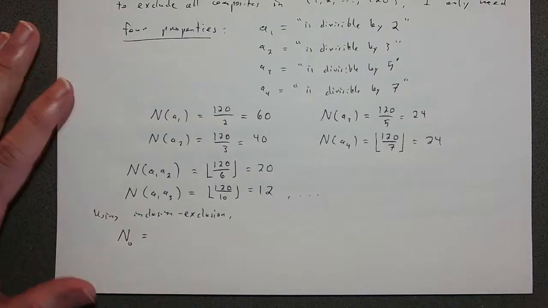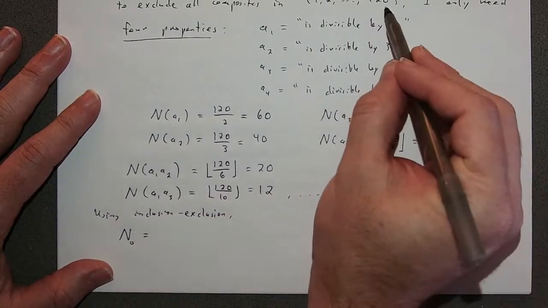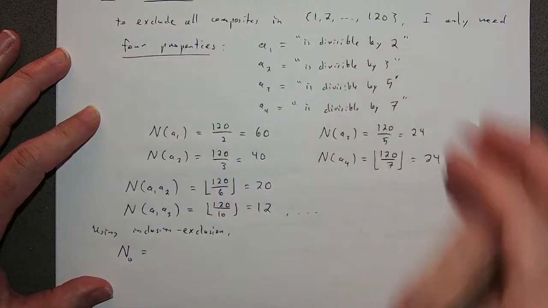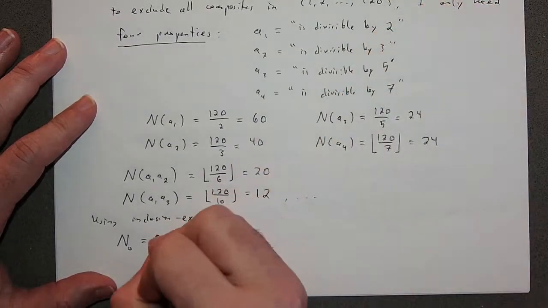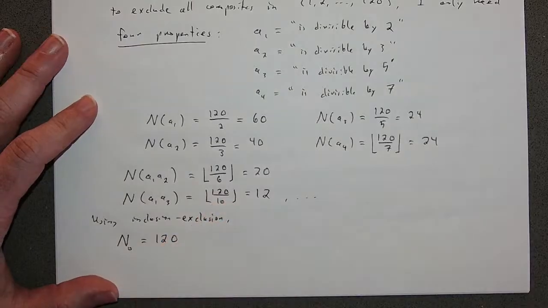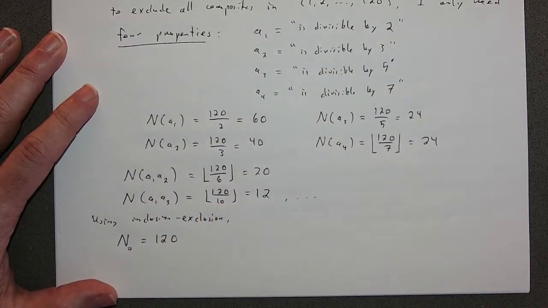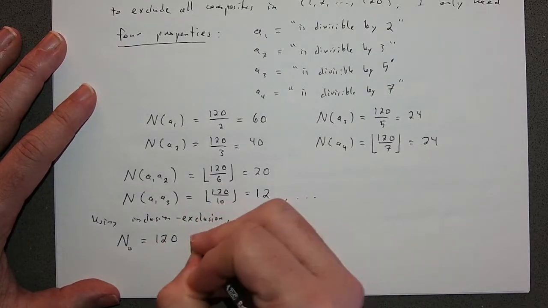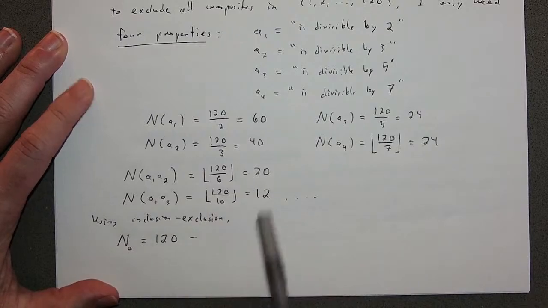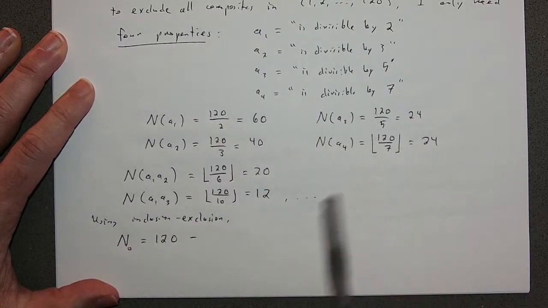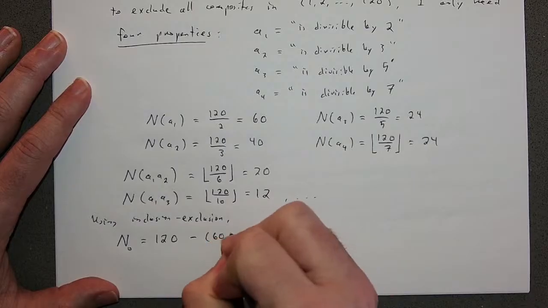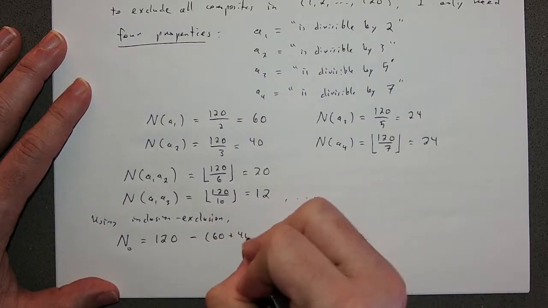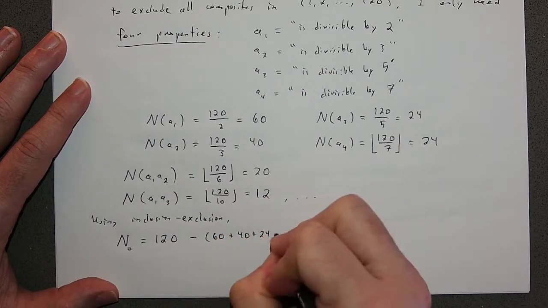So this is going to be the total number of objects, of which there's 120. So there's 120 total positive integers between 1 and 120. So this is 120 minus the sum of these things taken one at a time. We've computed all of these, so this would be 60 plus 40 plus 24 plus 24.